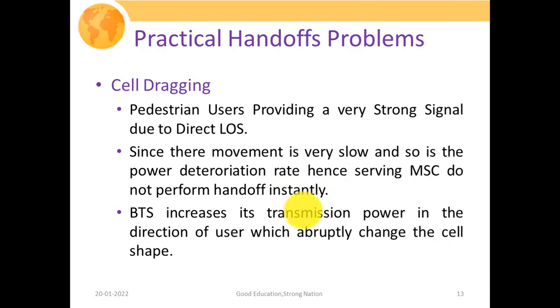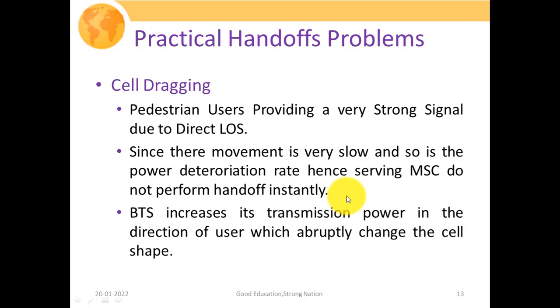It must monitor for a certain duration of time whether that signal is deteriorating continuously or it is some rapid fluctuation. During this dilemma, as the signal strength is deteriorating very slowly, the MSC might instruct the base station to increase its gain in the direction of the user, so that the user gets an optimum SNR level at the receiving side.